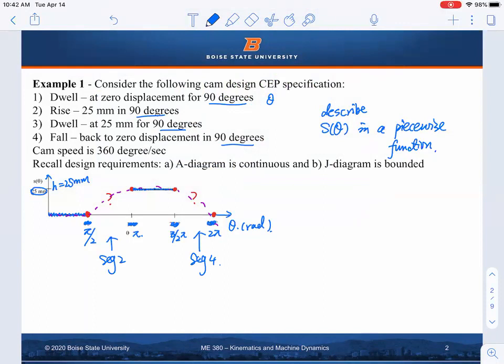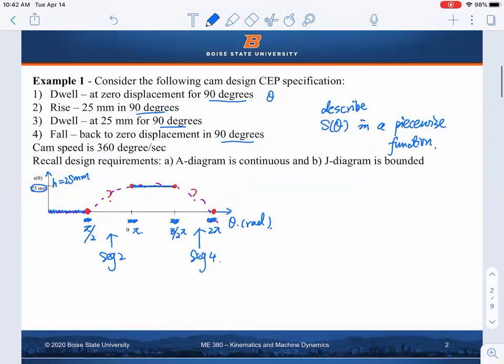So usually for CEP design, the dwell is very simple. Because it's a piecewise function, we need to find S1 of theta, S2 of theta, S3 of theta, and S4 of theta.